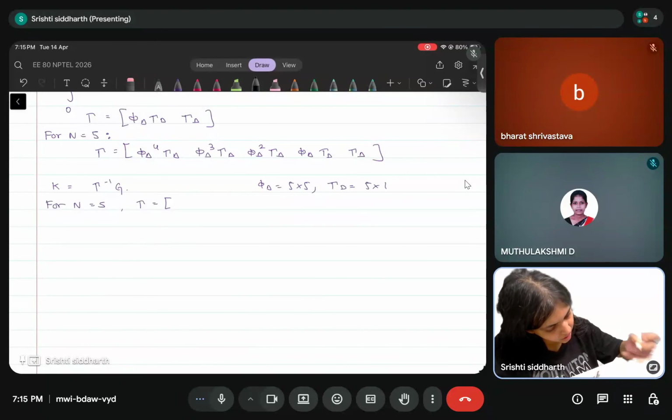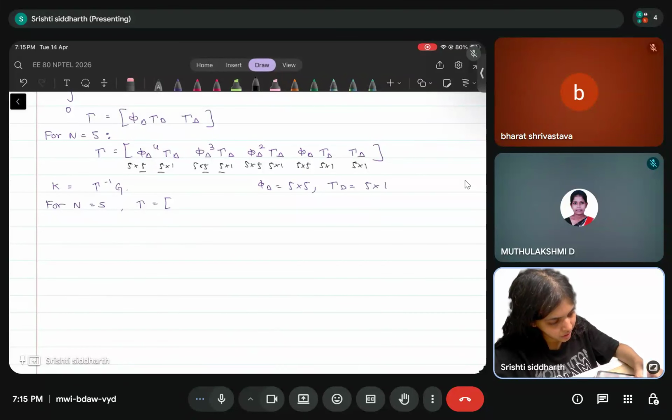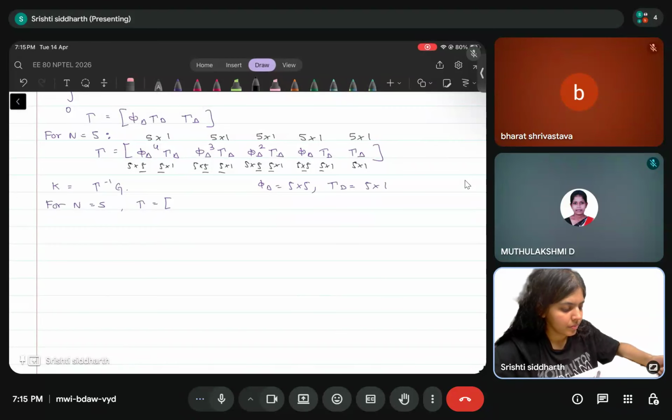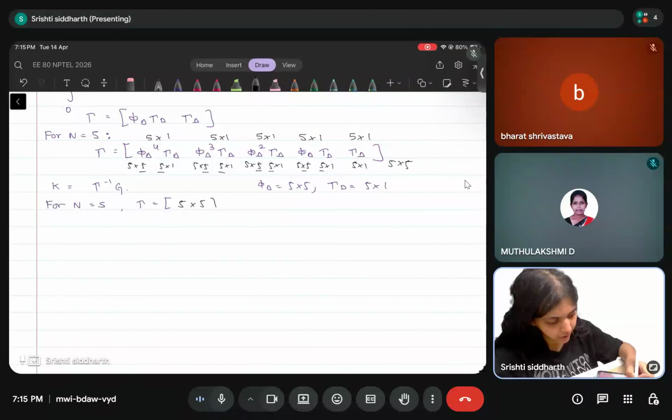So gamma is a square matrix of size 5 by 5.